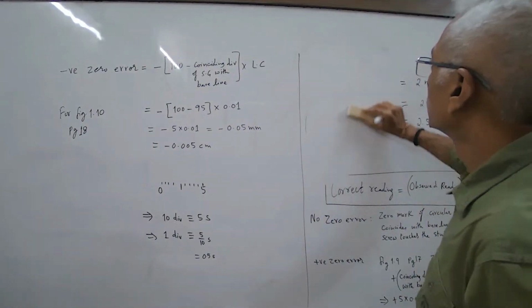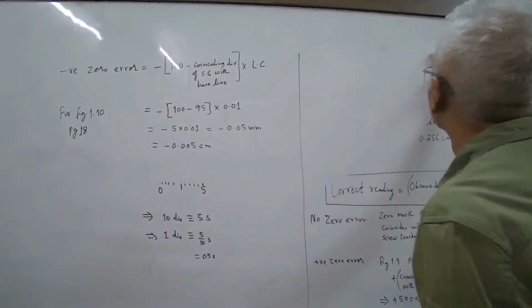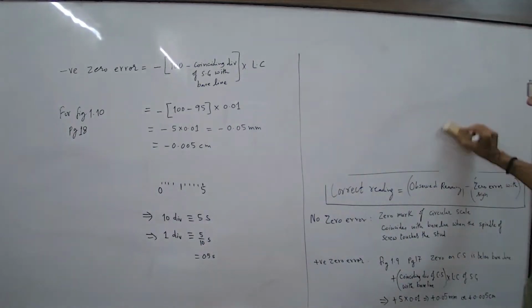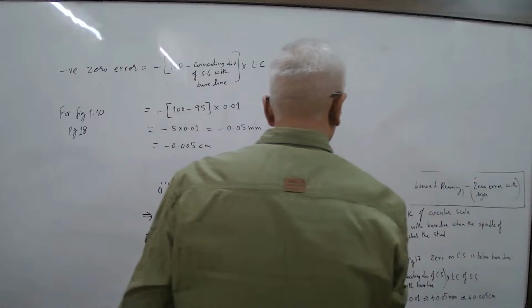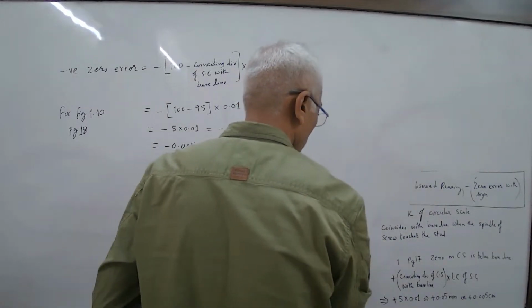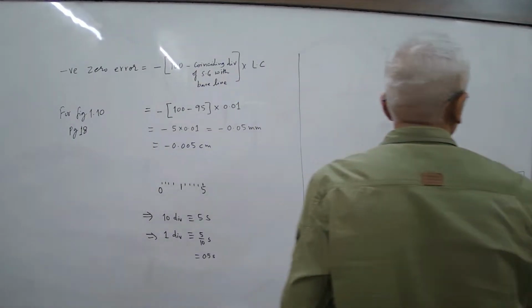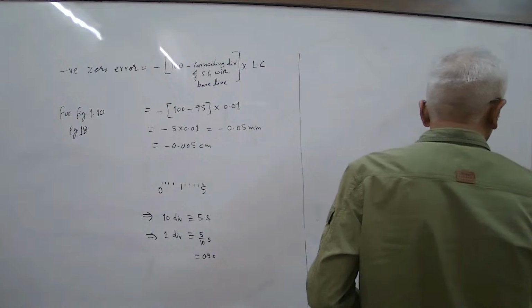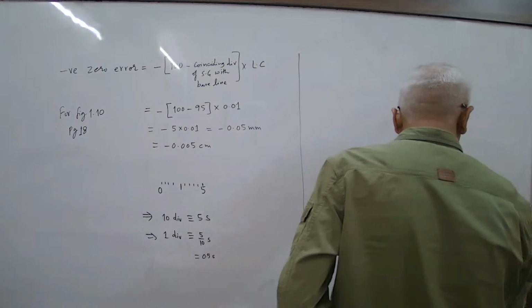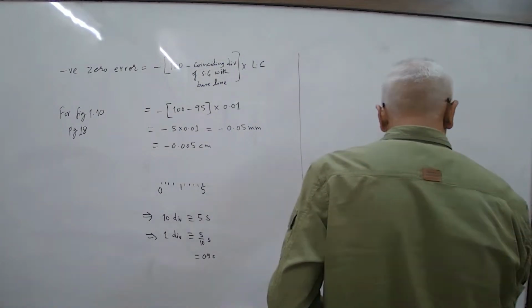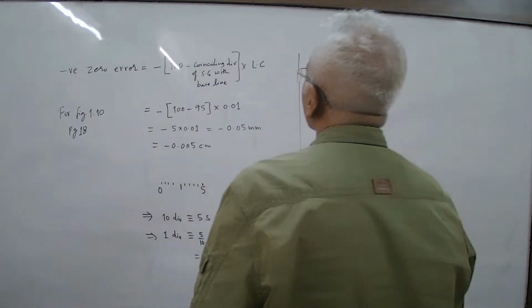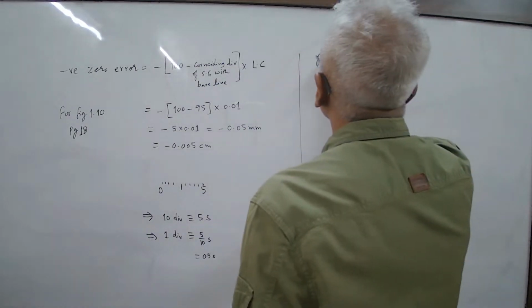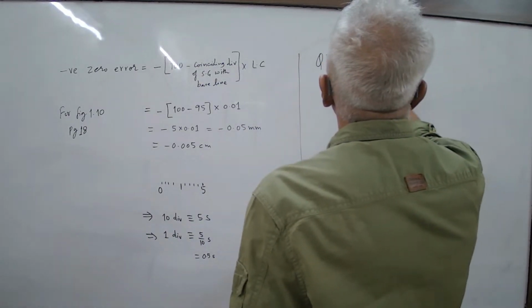A microscope is provided with a main scale graduated with 20 divisions to 1 centimeter, and the vernier scale has 50 divisions of length the same as 49 divisions of the main scale. Find the least count of the microscope. So question 3, what is the least count?